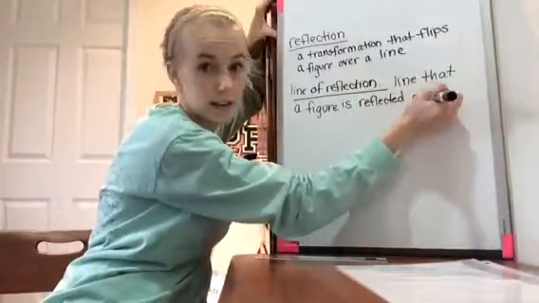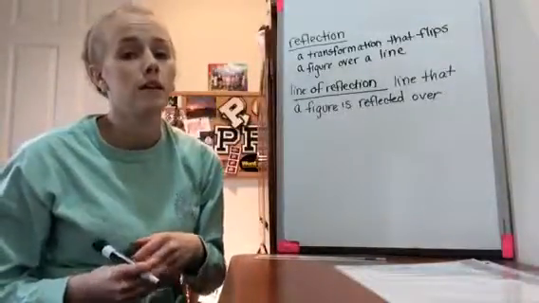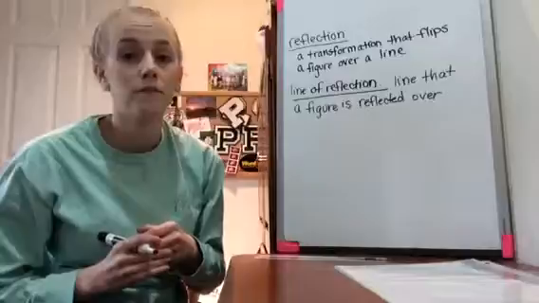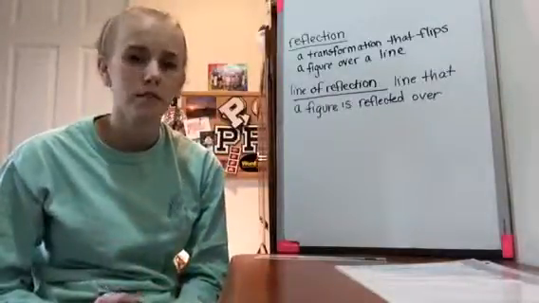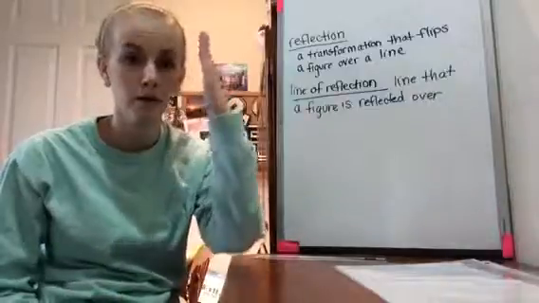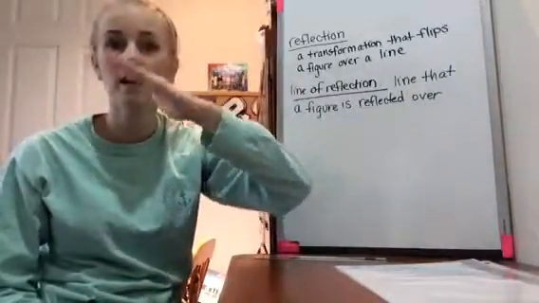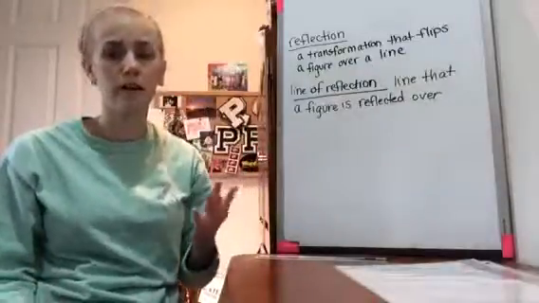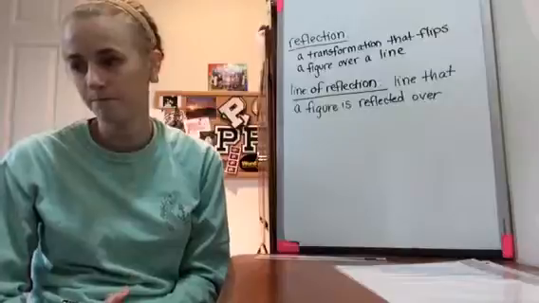So as I said, the line of reflection could be a horizontal line, it could be a diagonal line, or it could be a vertical line. So if we're thinking about it in terms of a coordinate plane, it could be our y-axis, it could be our x-axis, or it could be some other line with some random slope that we do not know. Could be our line of reflection.